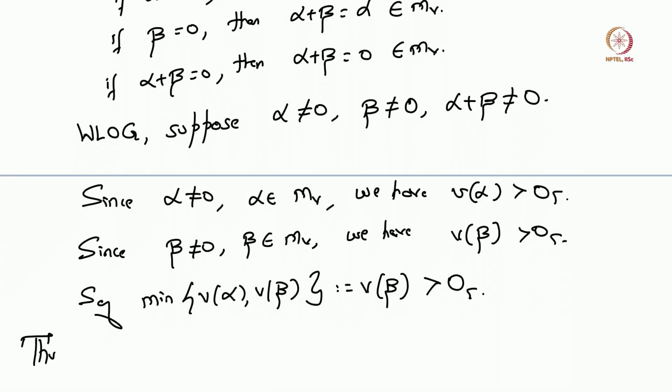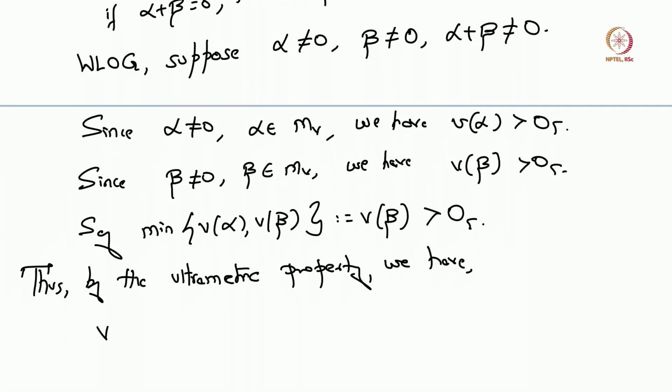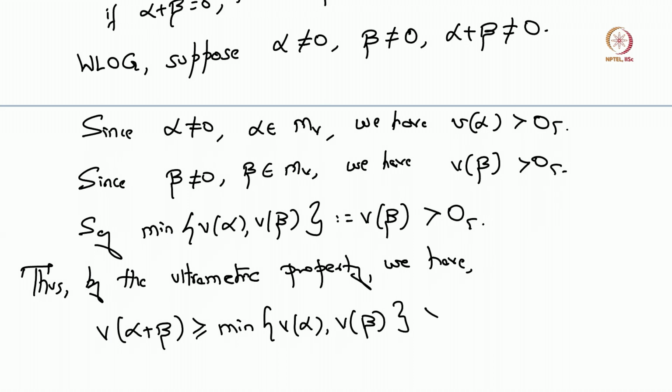And thus, by the ultrametric property, what do we have? We have that the valuation of alpha plus beta is larger than or equal to the minimum of the valuation of alpha and the valuation of beta, which is strictly larger than the identity element of gamma.